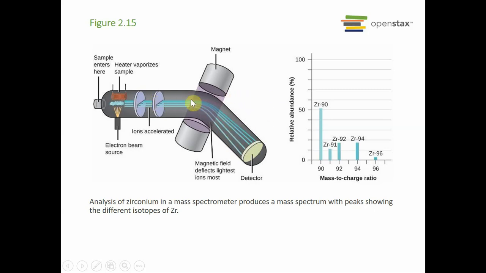And because different ions have different charge to mass ratios, they bend differently in the magnetic field. And they appear in this charge to mass ratio diagram where the different abundances in the sample are seen.